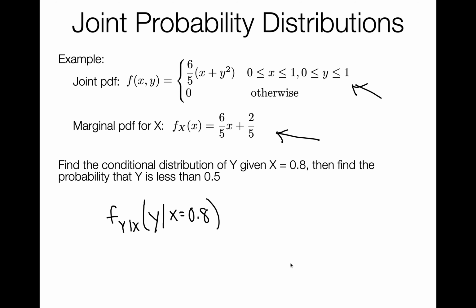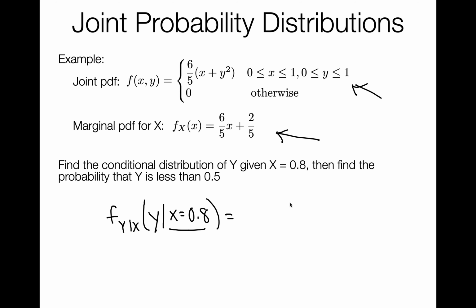Okay, and so I'm going to fill that information in with what we know previously, and the definition of our conditional distribution function. And so we get the joint distribution over the marginal. So it's just the joint PDF divided by the marginal PDF. But wherever we see x, we're going to substitute 0.8 because we know that value.